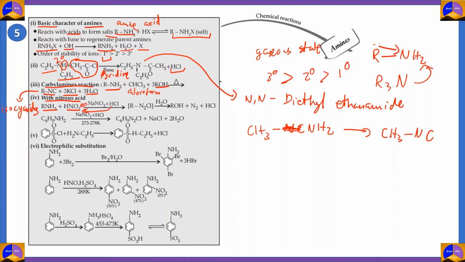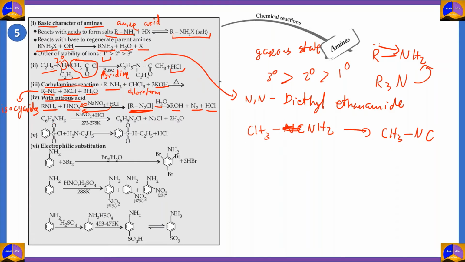When these two are mixed, we get freshly prepared HNO2, and we can only use freshly prepared HNO2 for this reaction. What we get as the product is an aliphatic diazonium salt. We'll come back to those in a second. These aliphatic diazonium salts are really unstable, so they dissociate in water to form alcohols, nitrogen, and HCl.